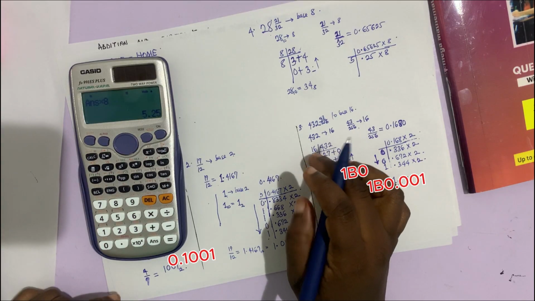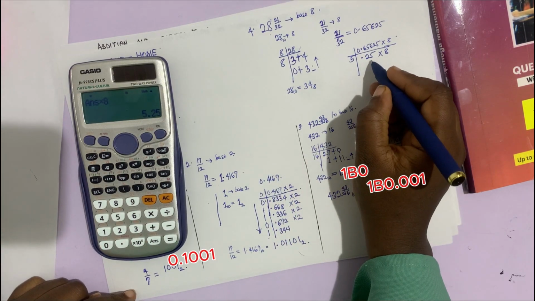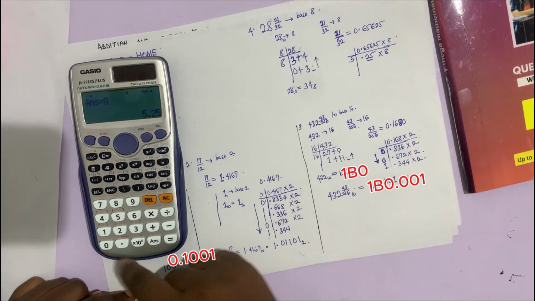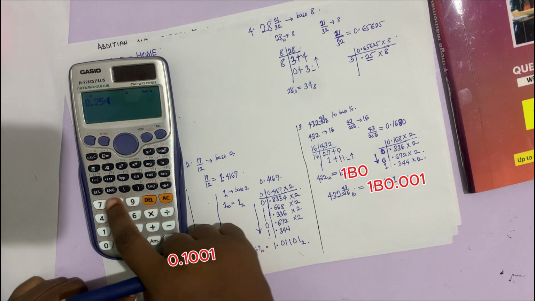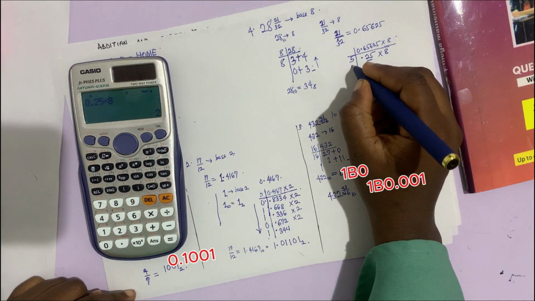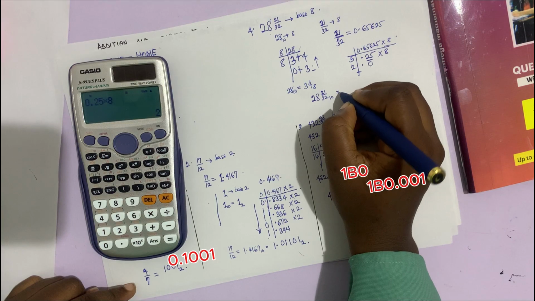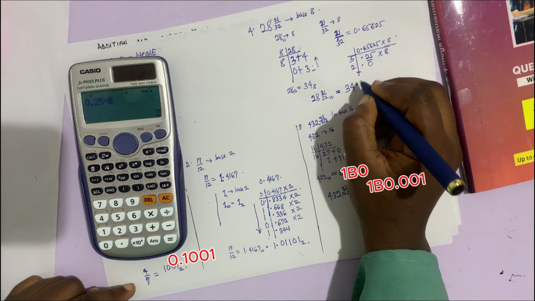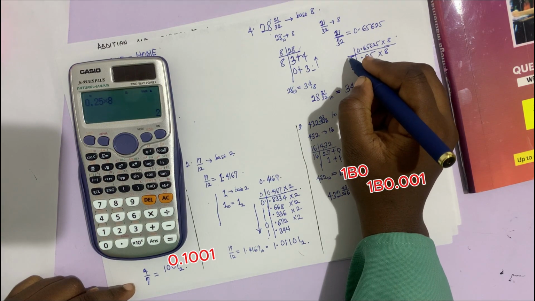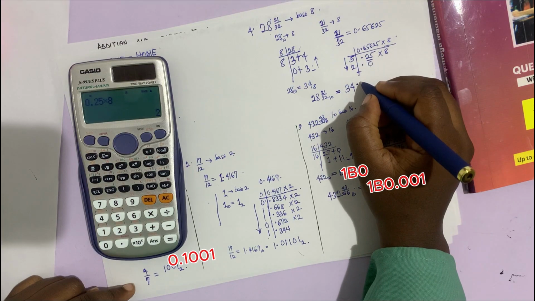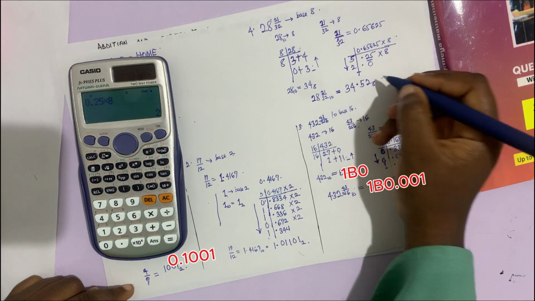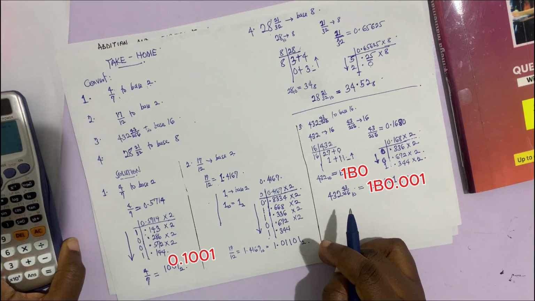Now we are not going to multiply 5.25 by 8. We are going to multiply only the decimal part, which is 0.25. So 0.25 times 8 will give us 2.0. So our final answer for this question, 28 whole number 21 over 32 base 10 will be 34 point. Remember, here we read from top to bottom, so 34.52 base 8. That is our answer for question 4.